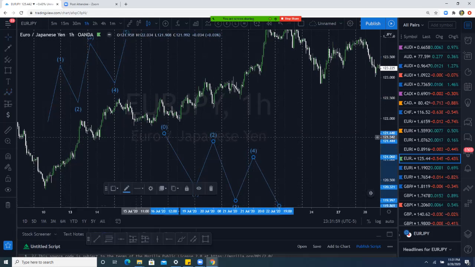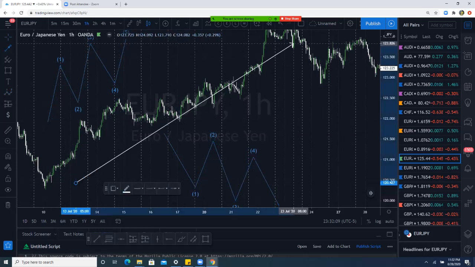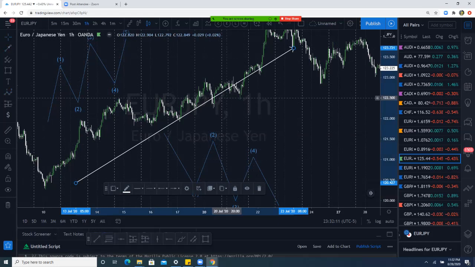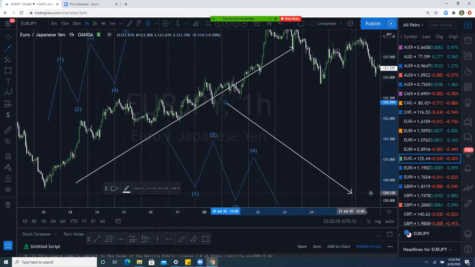So if we use this in the market, we can follow the market along to know what trend is in the market. A quick way of knowing the trend is looking at the market like this. If the market is making this type of movement, it's going to be an uptrend. If you're seeing the chart go from the top left to the bottom right, you know you're in a downtrend.